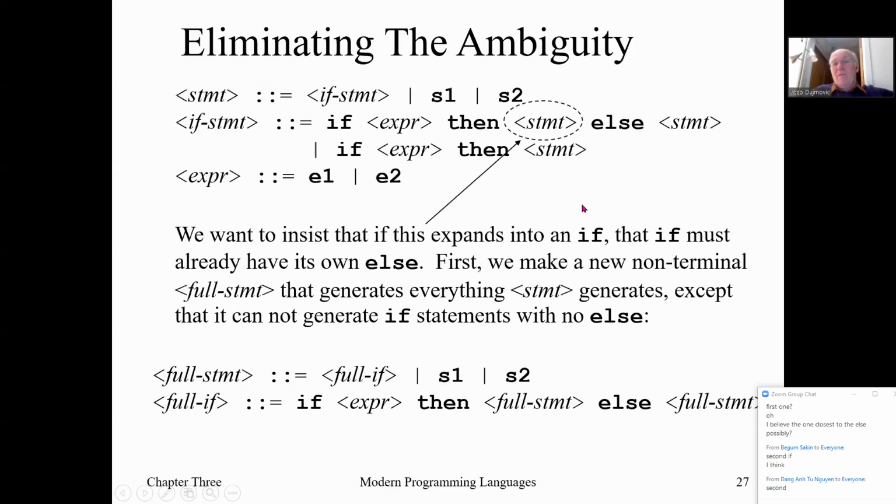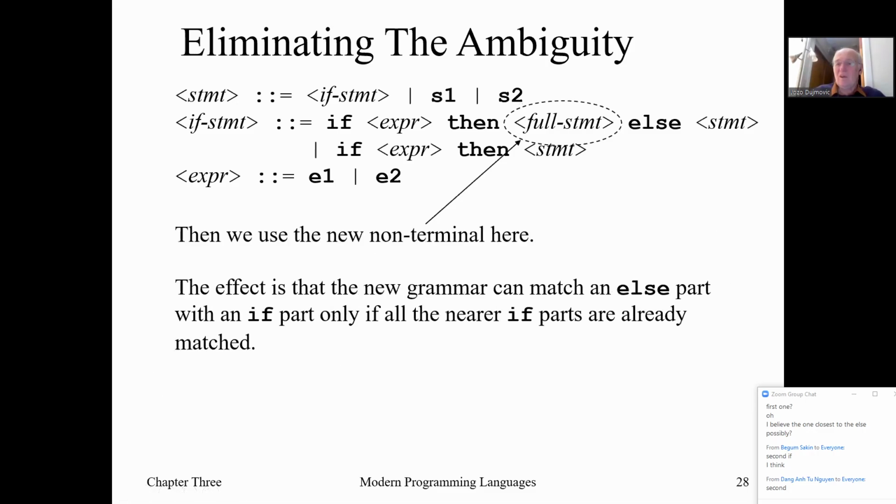Therefore, there is a way to eliminate this ambiguity. We can define one full statement, full if, and then work with that. It is not important how to eliminate that, but it is important that we have the possibility to eliminate this ambiguity.